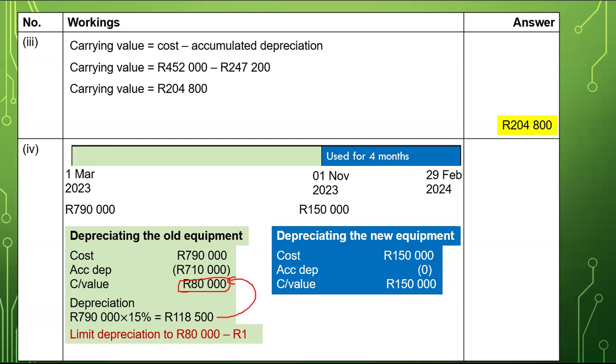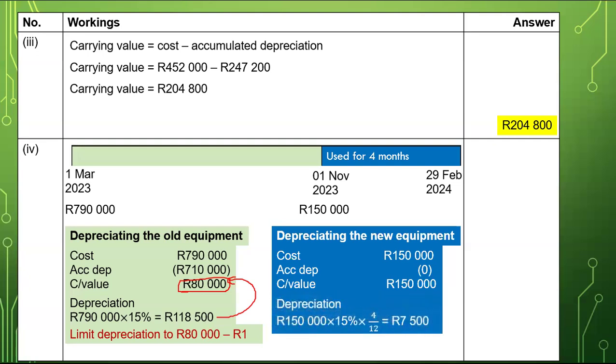So it's for the whole year. So you will divide by 12. And that will give you the depreciation of 7,500. This is only depreciation of the new equipment.